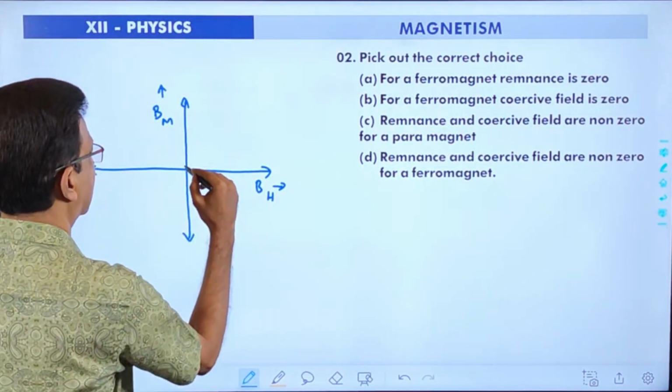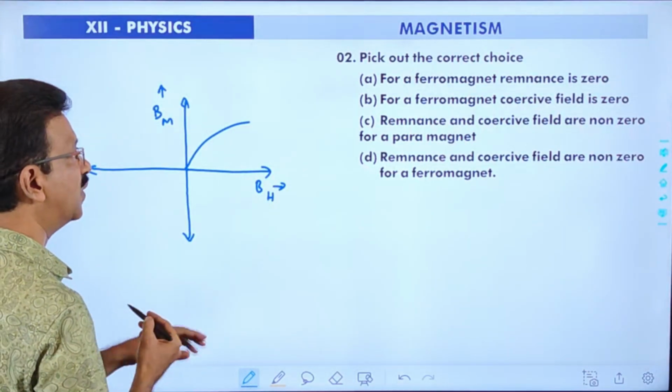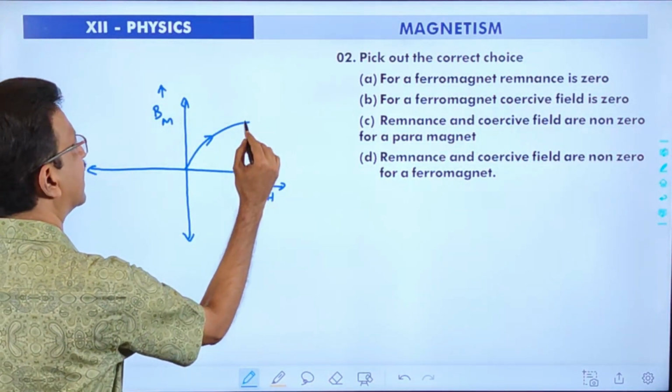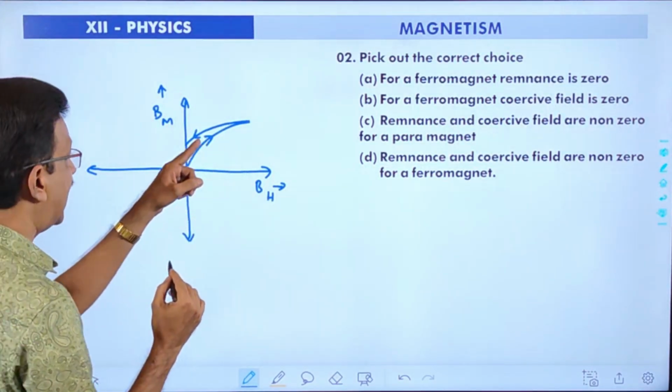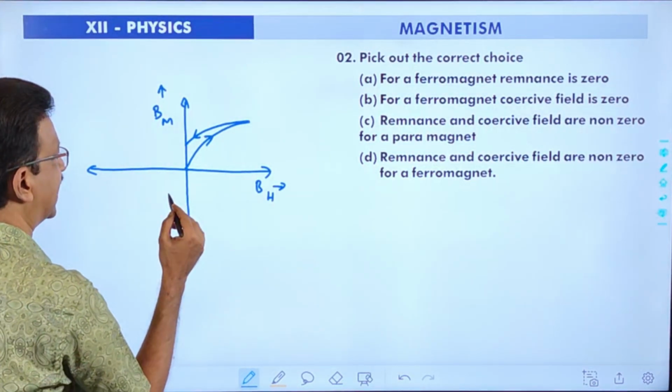Initially, if the given field is gradually increased, the magnetization will also increase and almost a saturation state is obtained. Then, if the applied field is withdrawn, the magnetization also decreases but does not coincide.